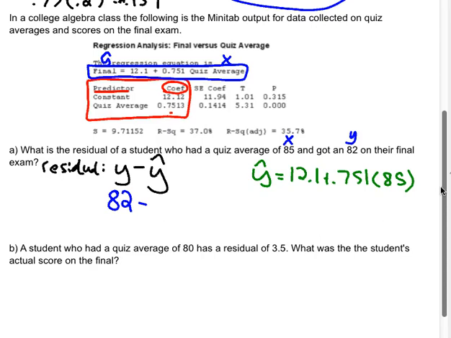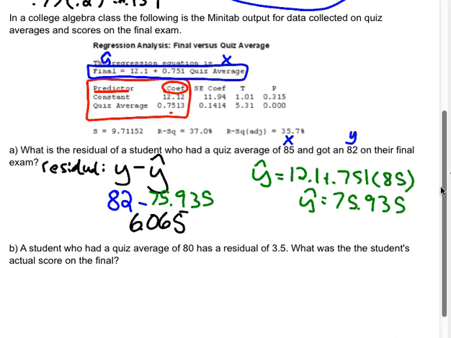So when I plug that in, I get a predicted Y of 75.935. So that's my predicted Y. So the residual would be 6.065.